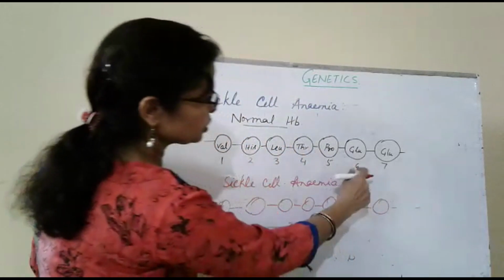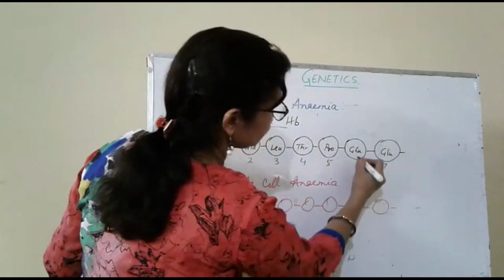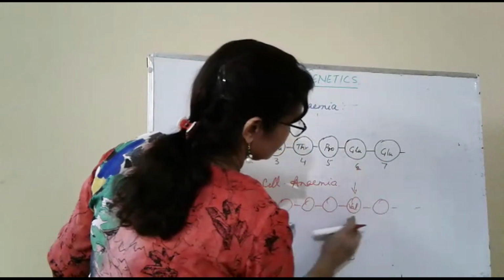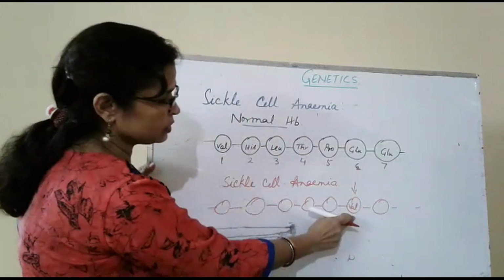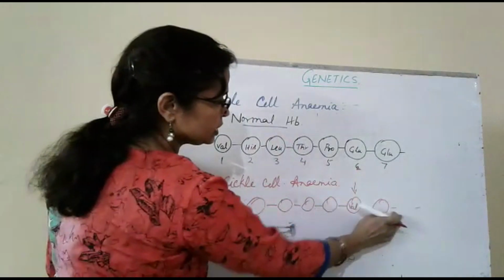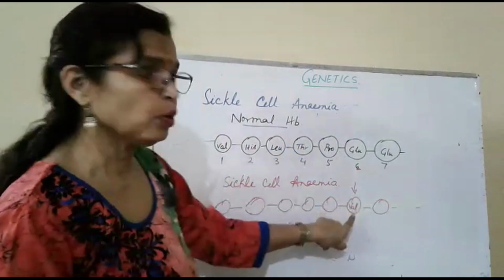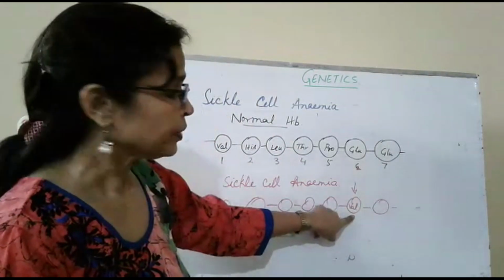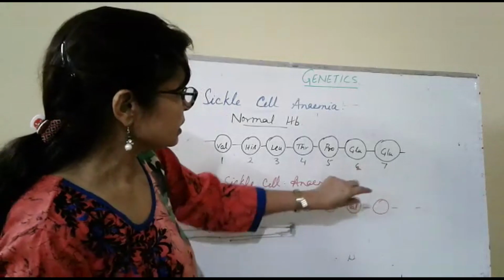But at this 6th position, the glutamic acid is changed to valine. So this is a point mutation. The structure of the beta chain is changed by point mutation.